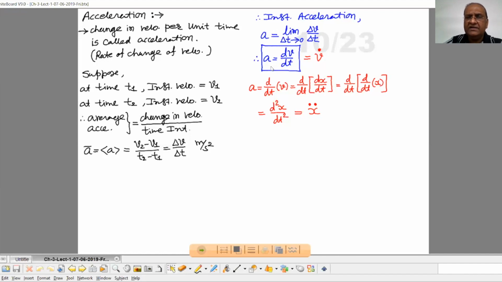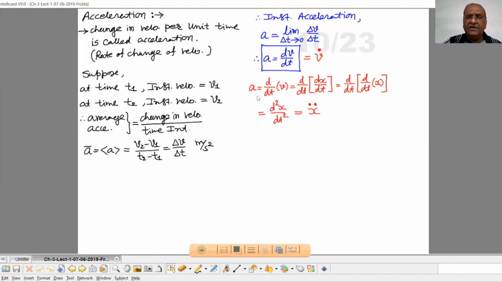So we can write acceleration a is dv by dt, and this differentiation is also represented by a dot over the symbol of the physical quantity. So differentiation of v, dv by dt, is also represented as v dot.